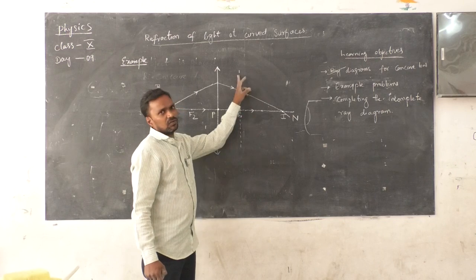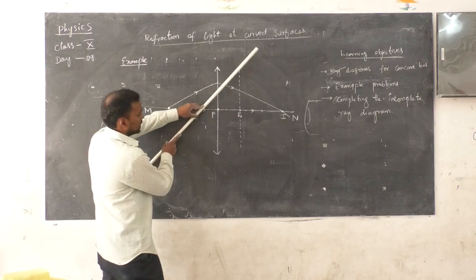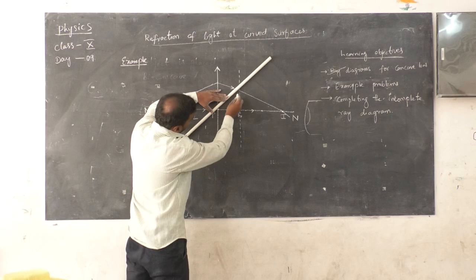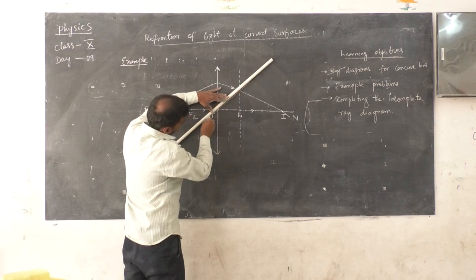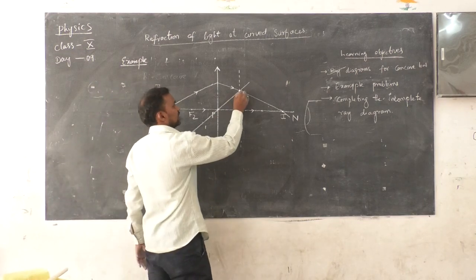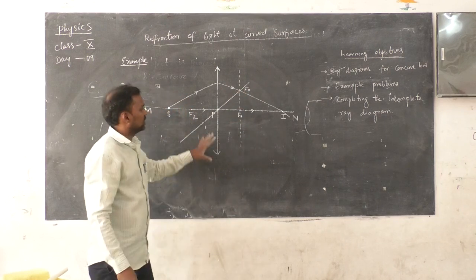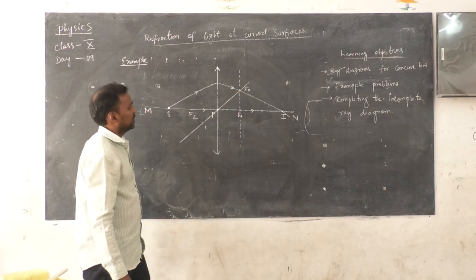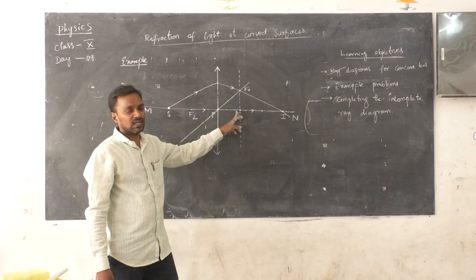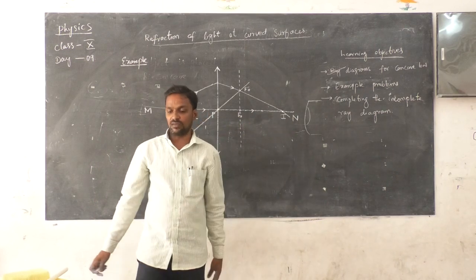From this point, I am drawing a ray to pass through this point and come here. And this will be F naught. So this is my conclusion. The line perpendicular to the principal axis at the focus is called the focal plane of that particular surface.